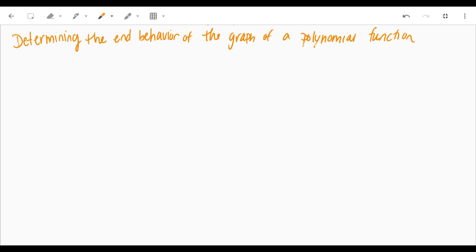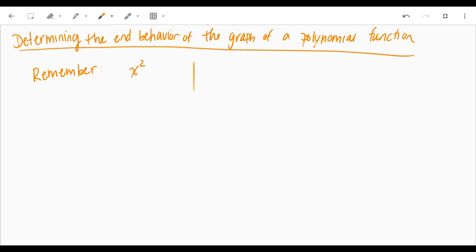Okay, for this, you just need to keep two things in mind. You need to remember what the graph of x squared looks like, and you need to remember what the graph of x cubed looks like. So x squared looks like this, and x cubed looks like this. Okay.